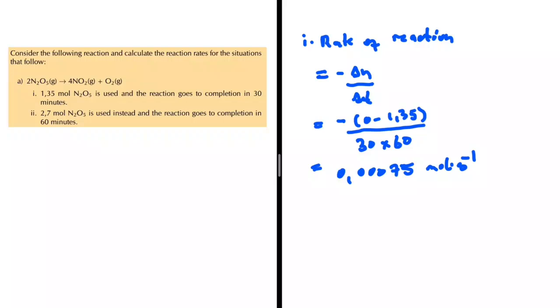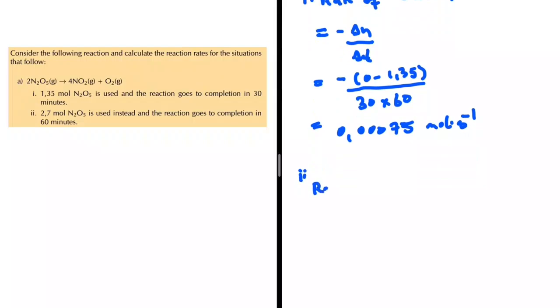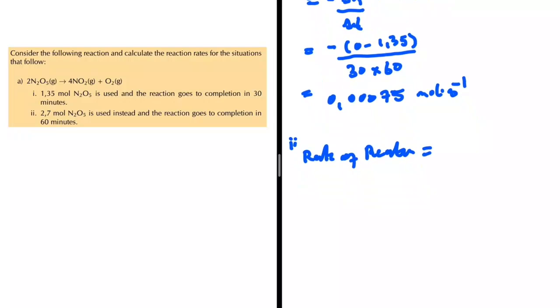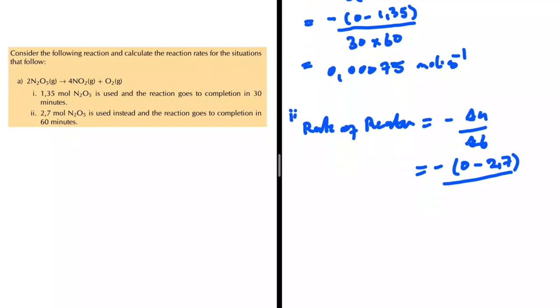Let's take a look at Roman figure 2, the rate of reaction. So let's take a look at the information. We have 2.7 moles that are used, and they are used up in 60 minutes. So minus change in number of moles divided by change in time. This is going to be equal to minus (0 minus 2.7), right? 2.7 divided by 60 minutes.